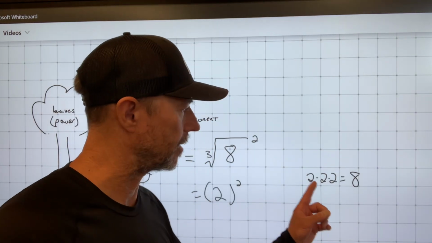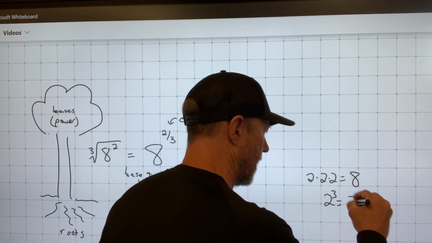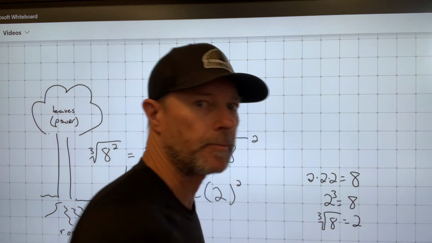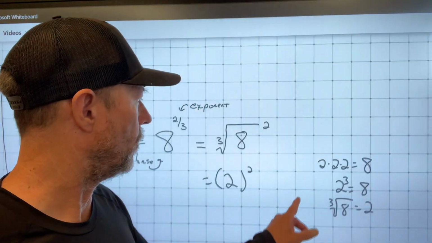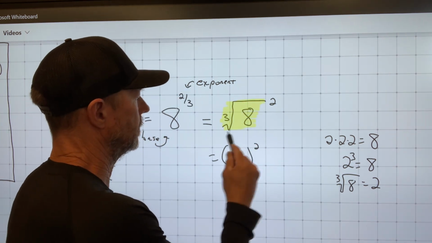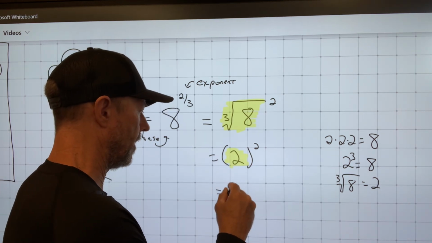So since 2 times 2 times 2 is equal to 8, we have two facts. We have 2 to the 3 equals 8, but we have the cubed root of 8 is equal to 2. Okay? So when I took the cubed root of 8, I got 2. And then next I will square it, and I will get 4.